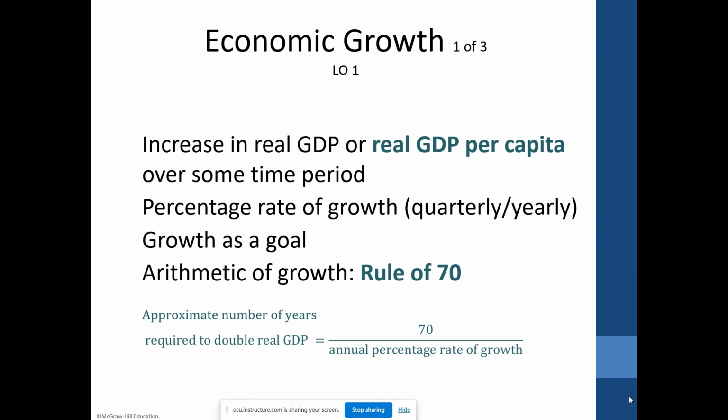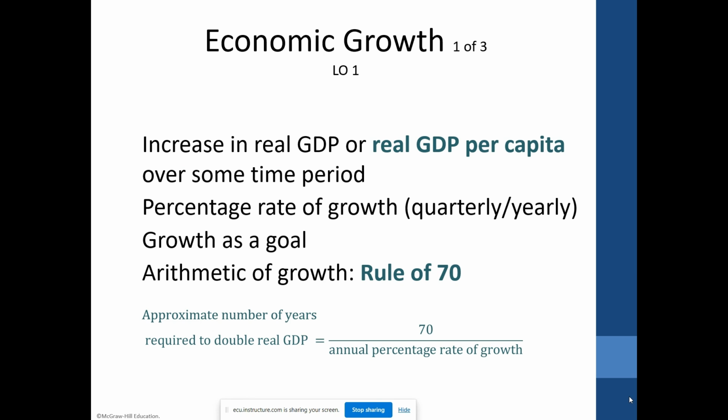Whether the first or second measure of determining growth is used depends on the circumstances. Looking at the GDP per capita allows one to compare countries of different sizes. For country-to-country comparisons, real GDP is more useful.